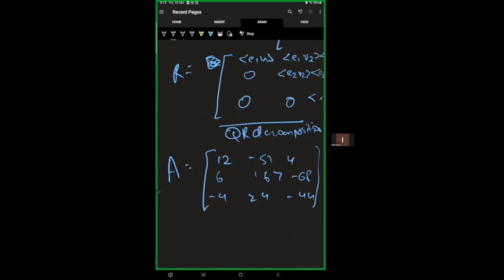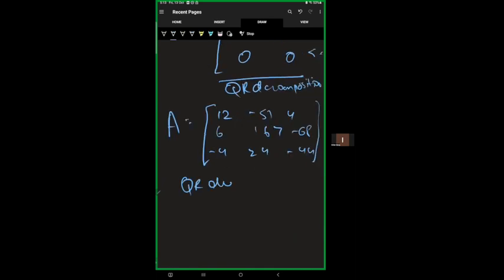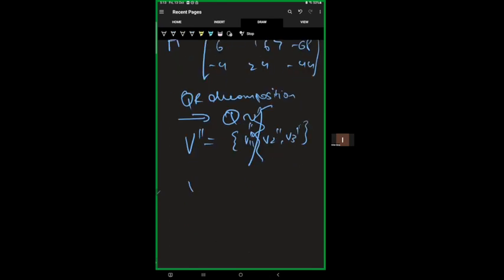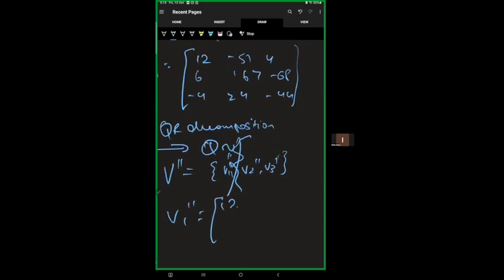Now here we notice that when we apply the QR decomposition of A, the Q matrix which we obtain, its column vectors will represent the orthonormal set of V dash is equal to V1 double dash, V2 double dash, V3 double dash, where V1 is equal to 12, 6, minus 4, V2 is equal to minus 51, 167, and 24, and V3 is equal to 4, minus 68, minus 41. Here we get the corresponding orthogonal for this system.